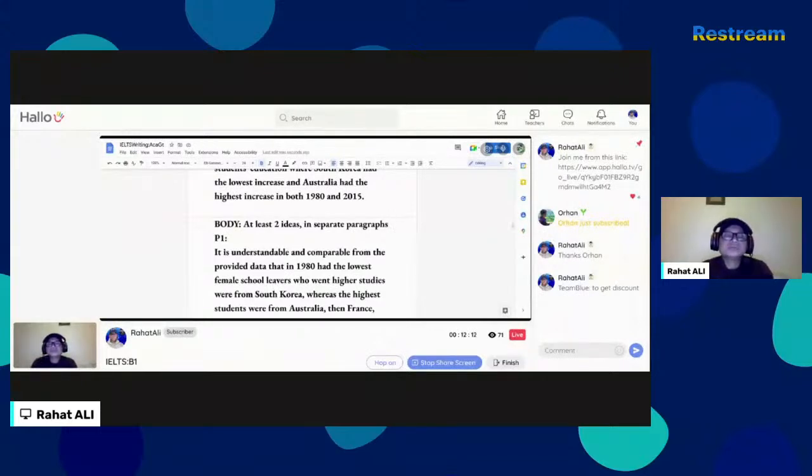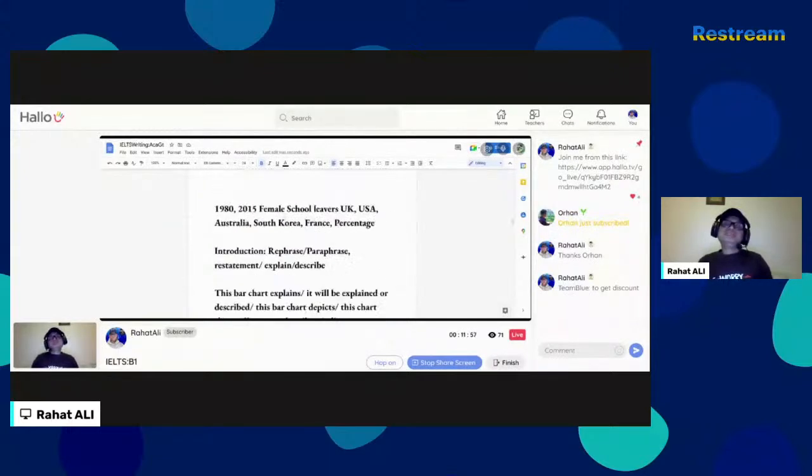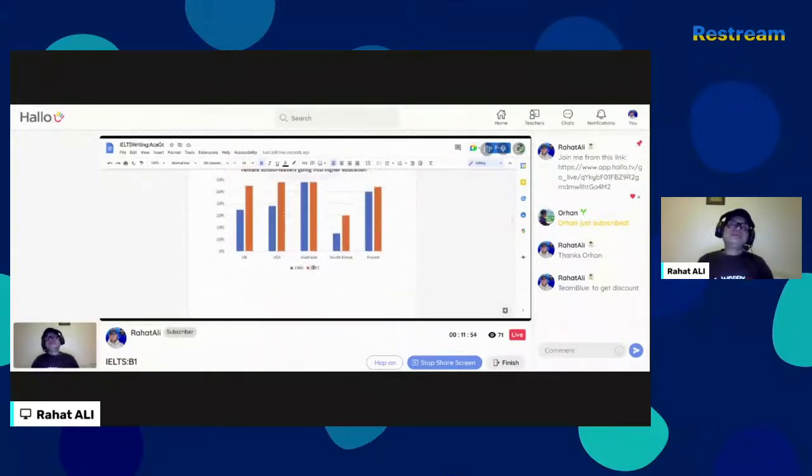And how to choose these ideas? That is the challenging part. You have to go back to the chart again. Now we think how we are going to choose.